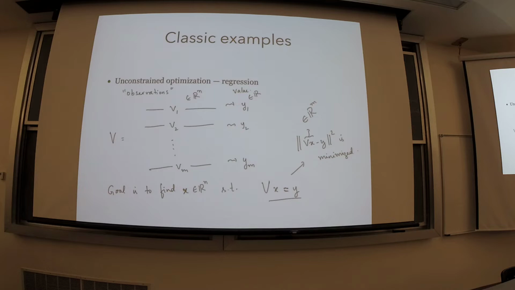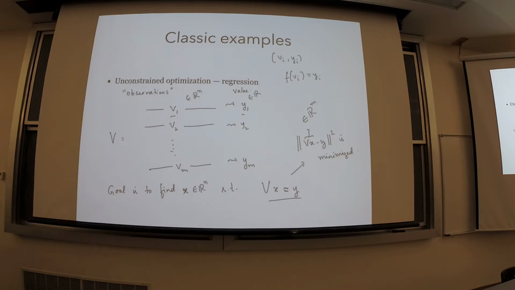So no, we are given both v1 and y1. We are given pairs like vi, yi, where v is a vector and yi is some value. And ideally, you would like to have some f of vi equals yi, like you're saying.